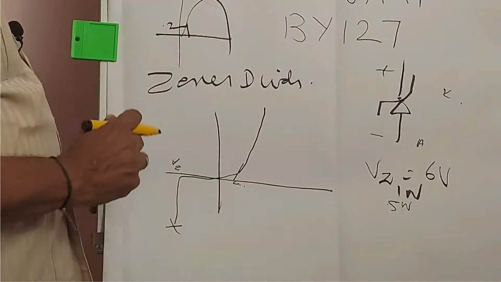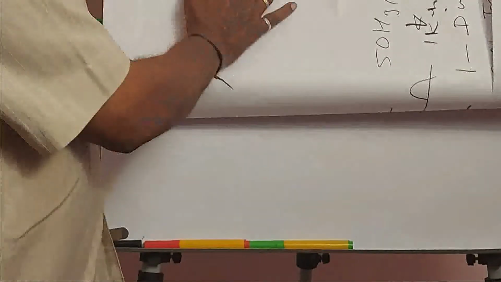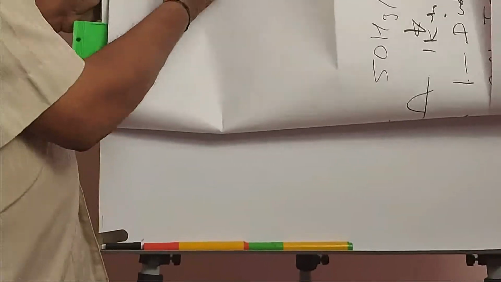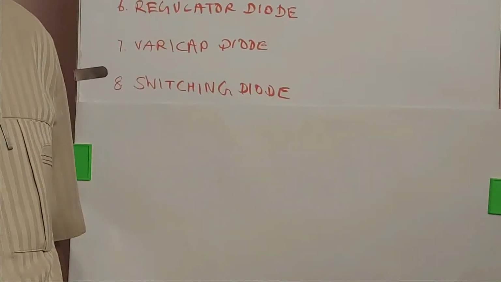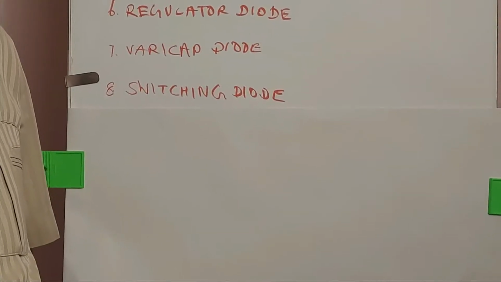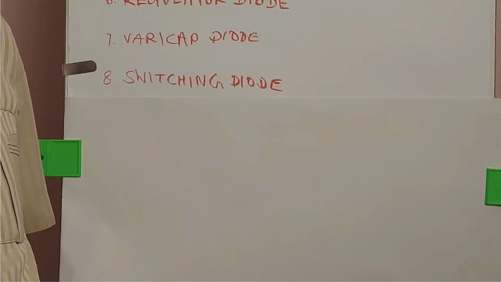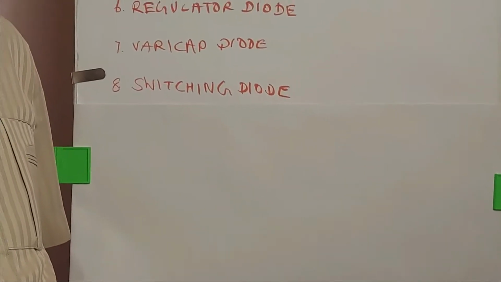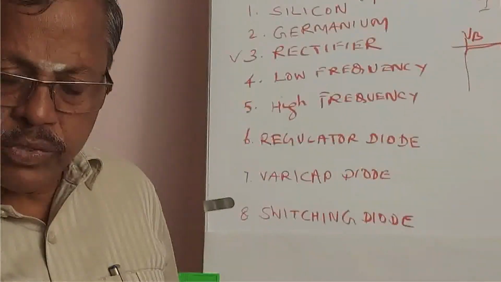And then coming to the varicap diode. The next diode is the varicap diode. For information, every diode has 2 terminals. In between there is a junction. The junction is a diffused junction. Because of this, the glass itself acts as an electrostatic material with two electrodes, anode and cathode.